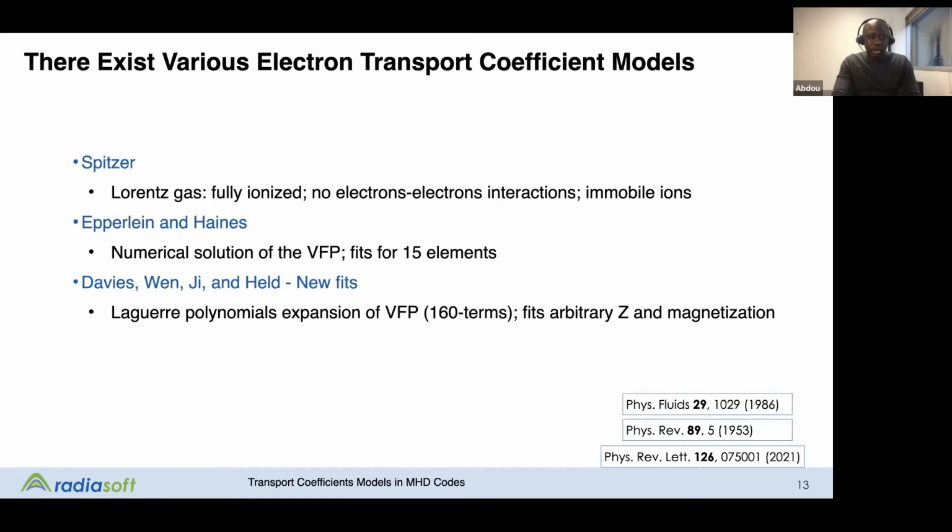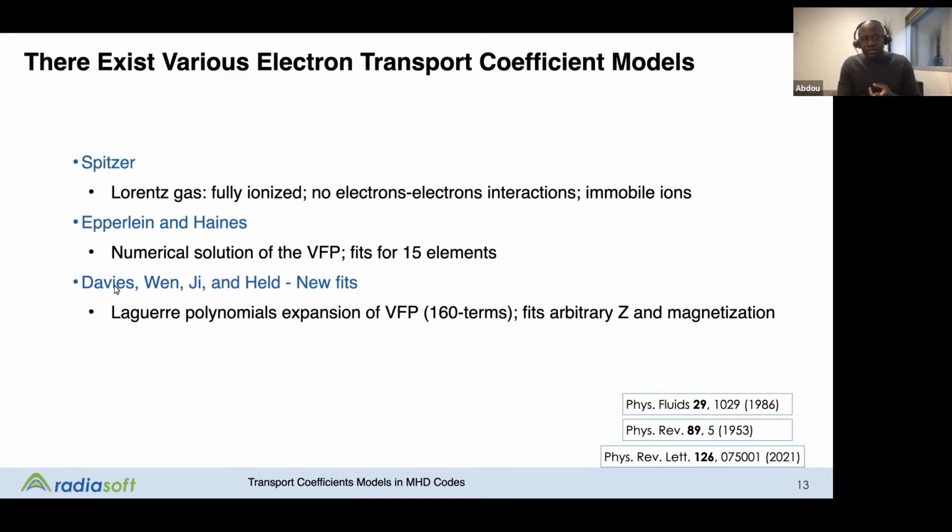Let me show a brief description of existing transport models, or some of the most popular ones. This is an old field, but recently renewed by the work of the Davies and Haines group. Most of these transport coefficients are really smooth, and when you put them in some hydrocode, you may get numerical instabilities that may give you non-physical results.